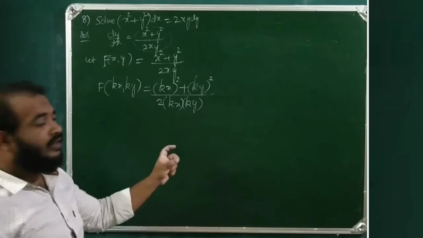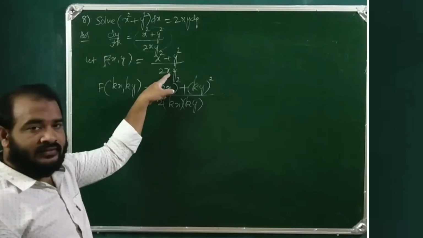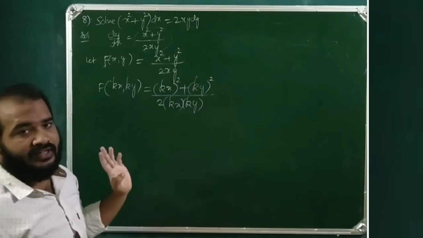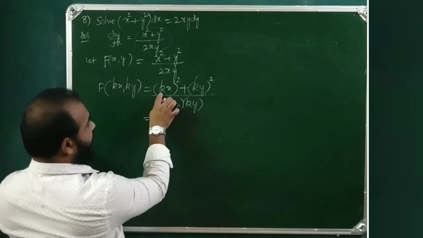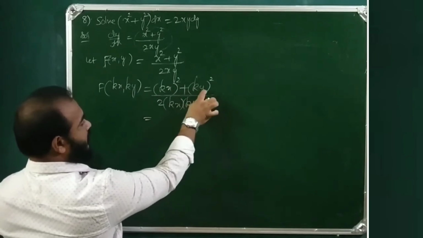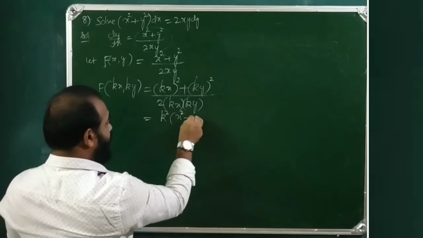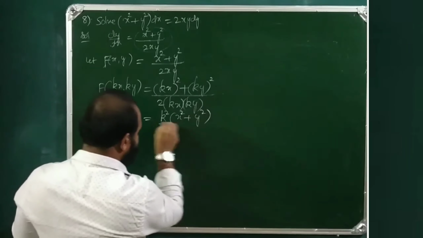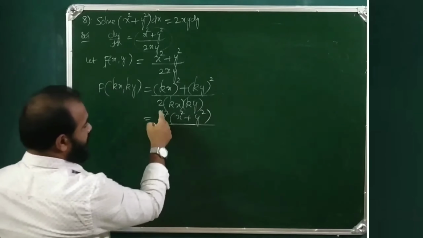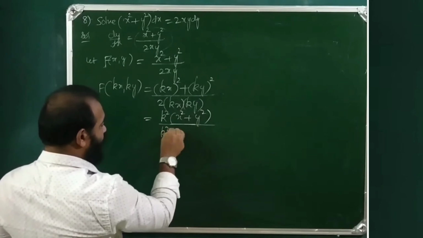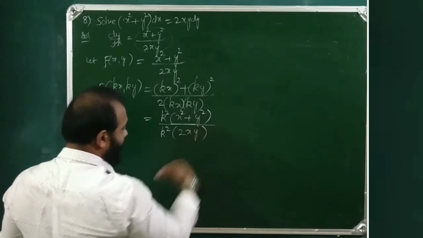Simply wherever I find x, I substitute kx, and ky in the place of y. So this is k square x square plus k square y square. Take k square in common, then we get x square plus y square, and this is 2k square xy, so k square into 2xy.